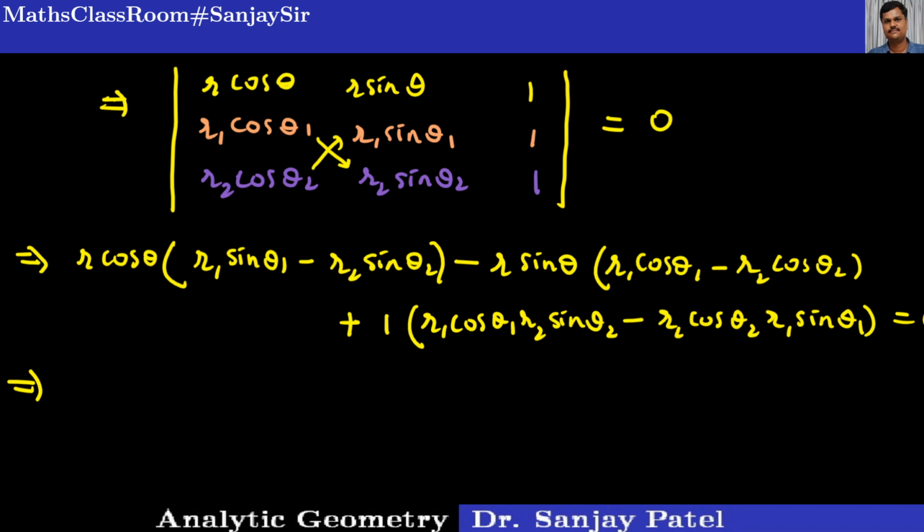Let me take first the terms containing r into r1. It is here, this is r into r1, first term. So r into r1, into bracket cos theta sin theta 1. And where is the other term having this r into r1 as a multiplier? It is this.